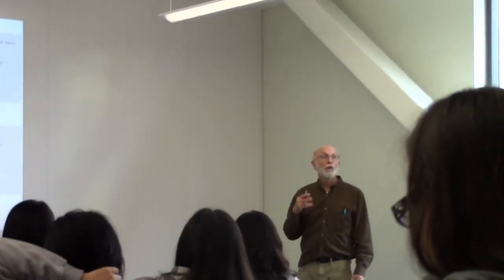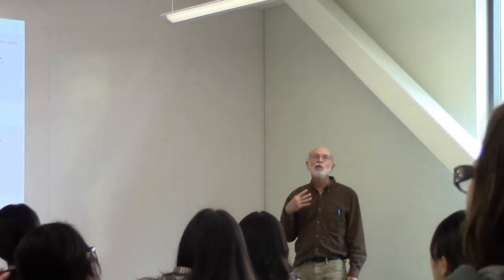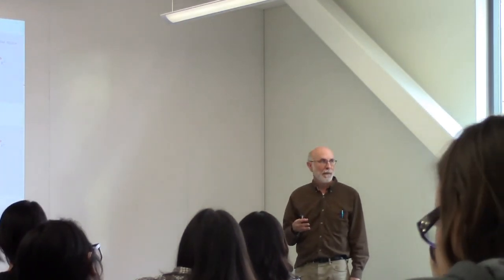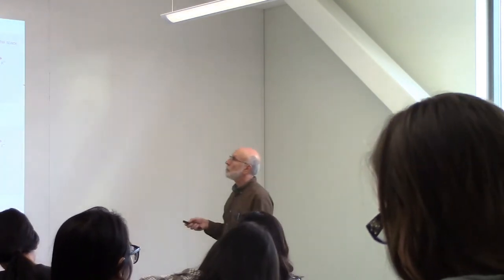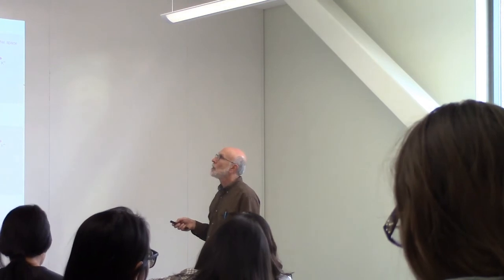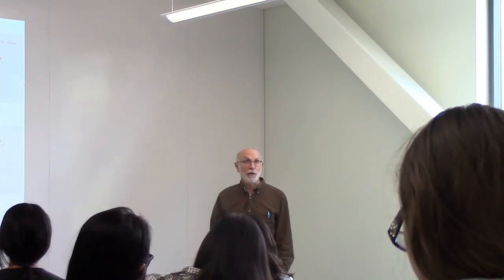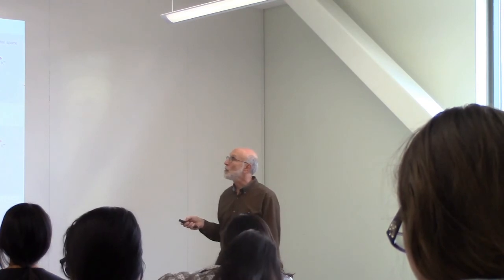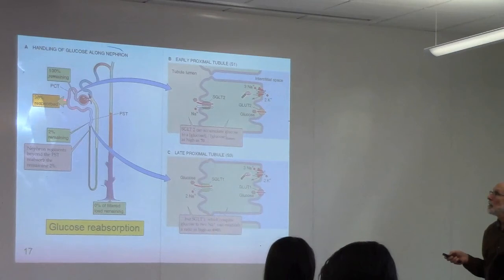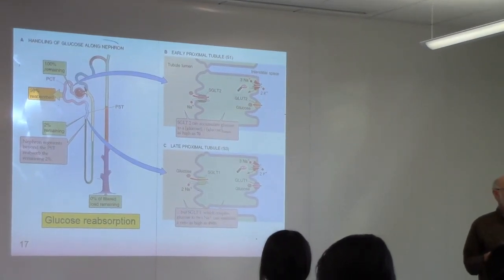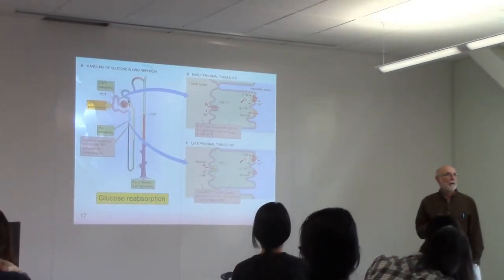So let's talk about glucose. Glucose is super easy compared to sodium. 98% of the glucose that is filtered is reabsorbed in the proximal tubule. That's all we're going to focus on. So we might as well round 98% up to 100%.